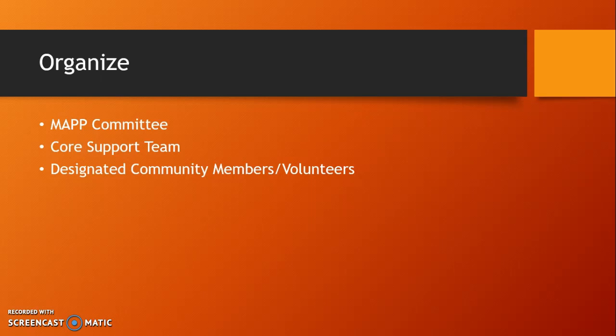After that, you have your core support team. This is going to be mostly health professionals like doctors, nurses, nurse practitioners, people who work within the community that can tell us what they see on a daily basis and what's been effective, and what we really want is people who've been working within this community for a long time. Then designated community members or volunteers.